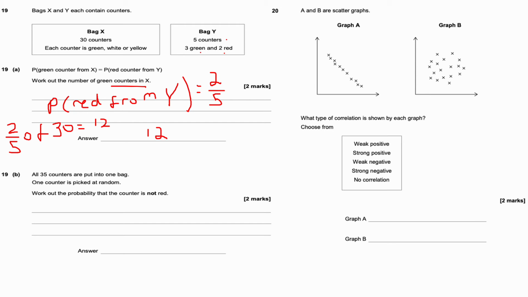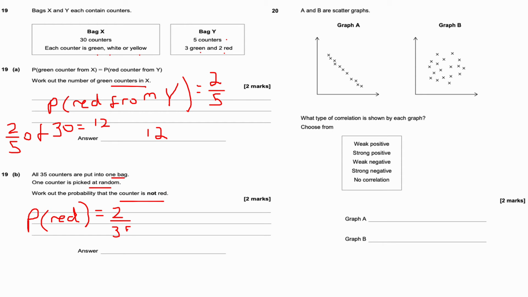Okay, this is part B. All 35 counters are put into one bag. One counter is picked at random. Work out the probability that the counter is not red. Well, the probability of having a red counter would still stay fixed as 2 out of 35, because there aren't any red counters in bag X, so it'd be 2 out of a total of 35.